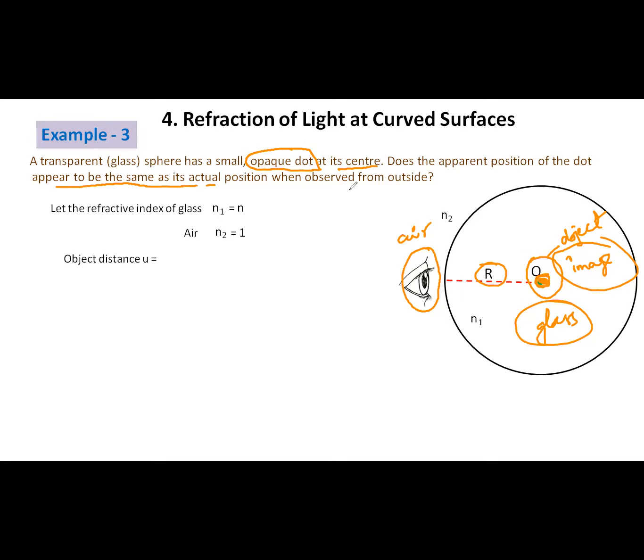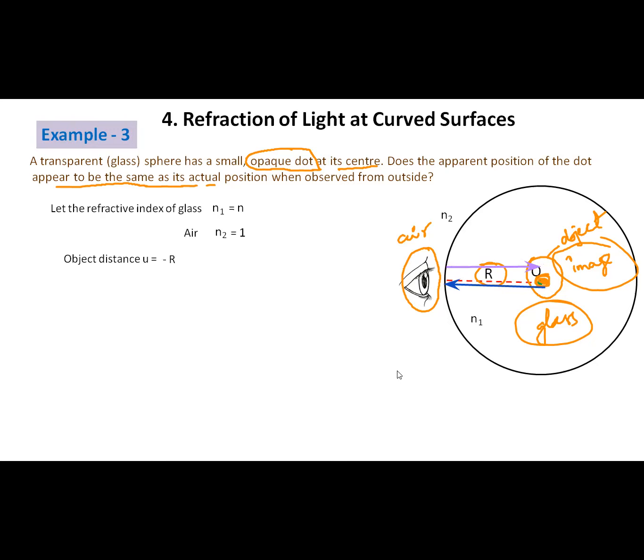I will show you that incident light ray direction here from the object. In what direction are you going to measure? Towards the right side from the pole, right? So both are opposite. If they are opposite, what symbol can we assign? Negative. So u is equal to minus R.